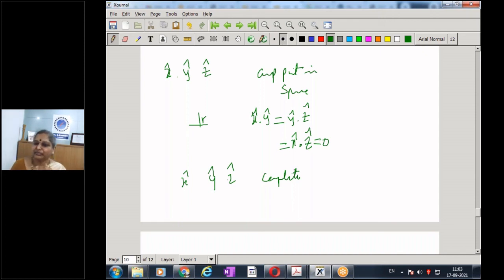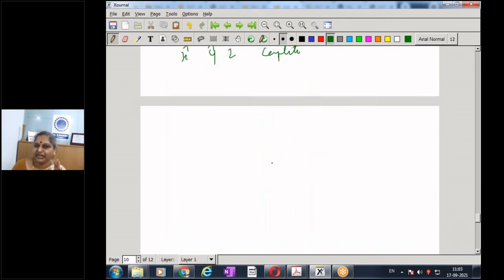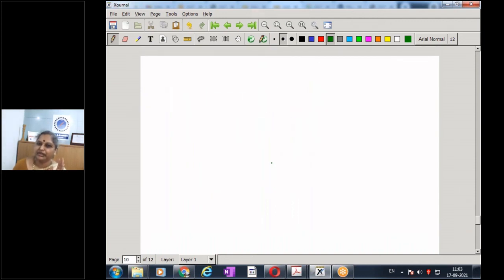Now, exactly similar, we also have signals which are orthogonal. We don't call it perpendicular. And how do we define two signals being orthogonal?